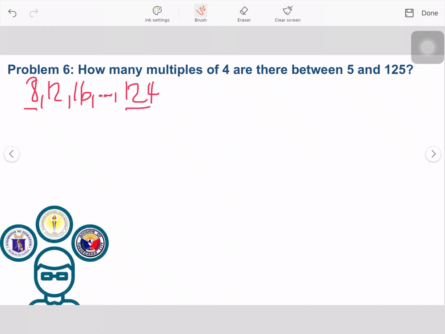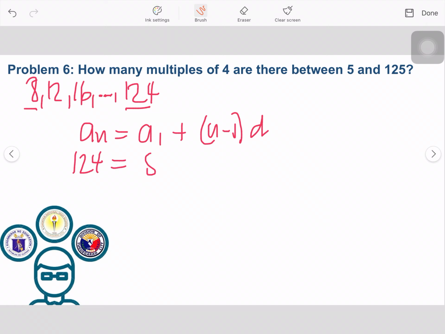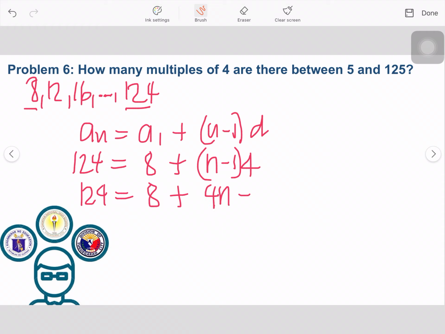So, using the formula, a sub n equals a sub 1 plus n minus 1 times d, I'll just have to replace everything in my formula except for n because that's what I'm looking for. So that's 124 is equal to 8 plus n minus 1 times 4. That gives me 124 equals 8 plus 4n minus 4.